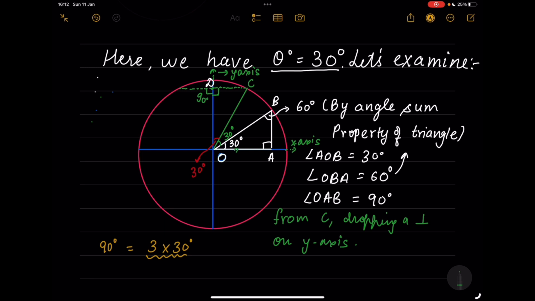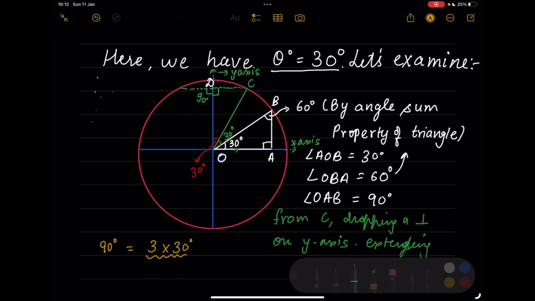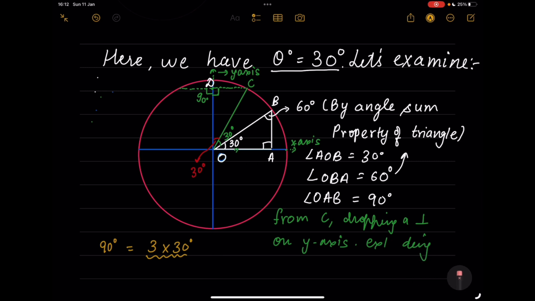Extending CD. So here also we have 90 degree.